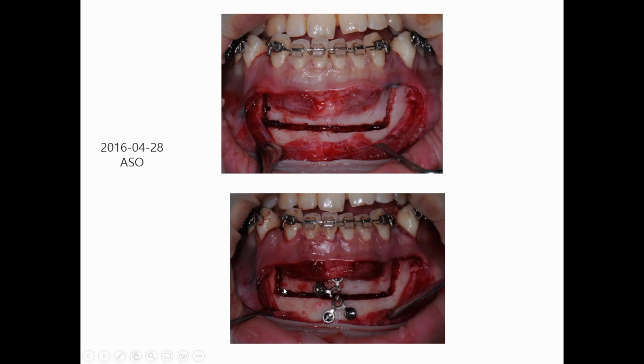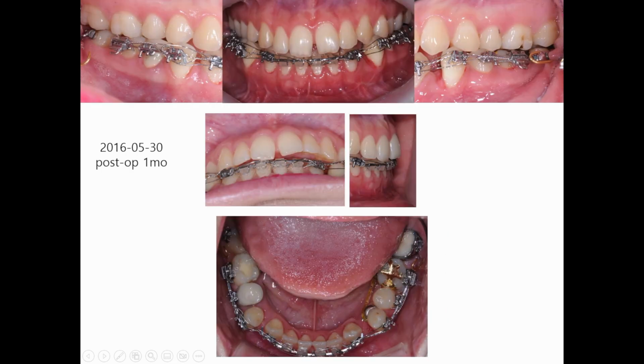And then she did cut 2x4 rule and fix it. And at that time, she cut the sectional arch wire like this, and then fix ligation wire. Okay, so in the middle, plate fixation, and right and left with ligation wire. Okay, and still look at here, still space.